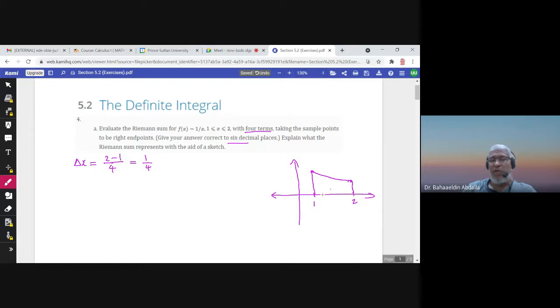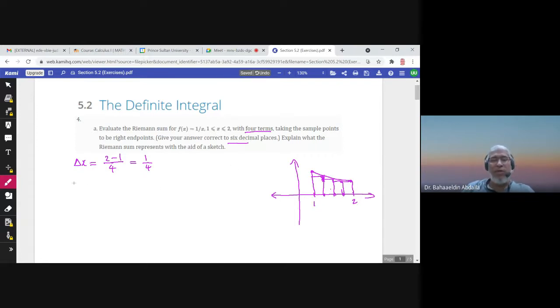So 1 to 1.25, then 1.5, then 1.75. So these are the 4 rectangles. If we are going to use the right endpoint, then these 4 rectangles would be there.